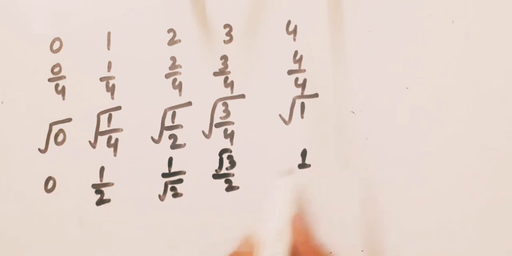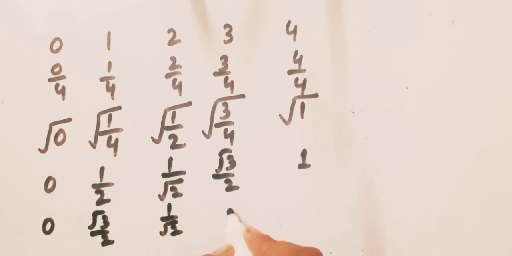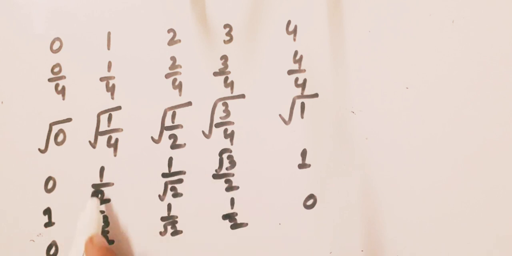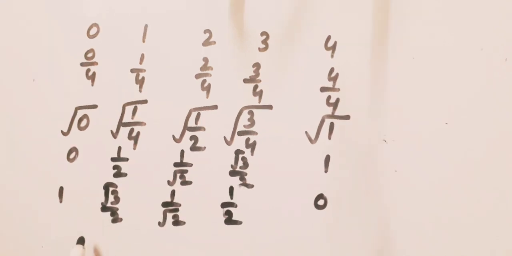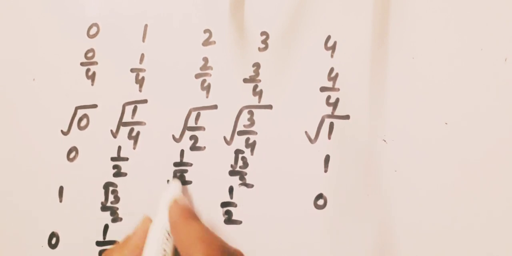Now reverse all these values: 1, square root 3 by 2, 1 by square root of 2, 1 by 2, 0. Now divide these values. You will have 0 by 1 will become 0, and 1 by 2 divided by square root 3 by 2 will give you 1 by square root of 3. 1 by square root of 2 divided by 1 by square root of 2 will become 1.